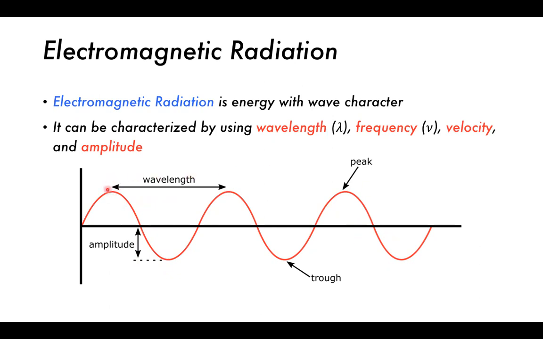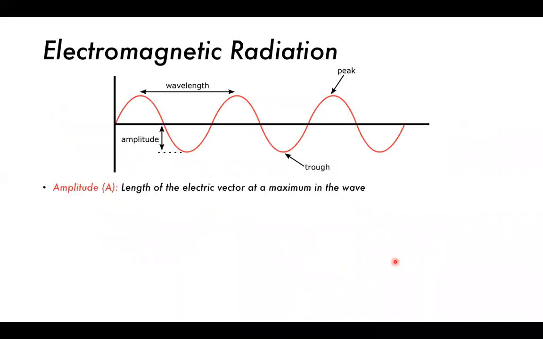Wavelength then is the distance, in centimeters, meters, nanometers, whatever it happens to be, between two successive peaks or two successive troughs. The amplitude is the length of the electric vector at a maximum in the wave. So this is the wave, the red line, the maximum is here.